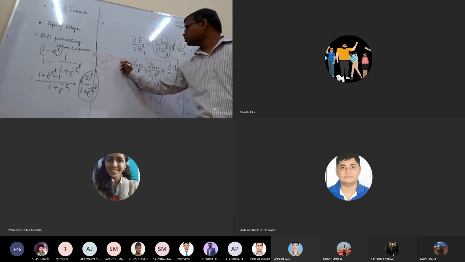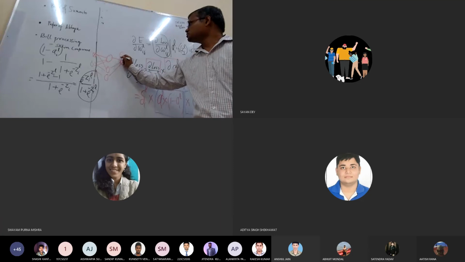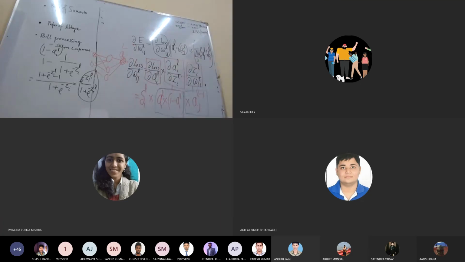Okay. So first, let's clear what will be the loss for the last node. The last node is written as a^L. So what will be the loss for the last node? How do you compute this one? Delta loss with respect to a_i^L. a_i^L is nothing but a node, and we consider it the last node.